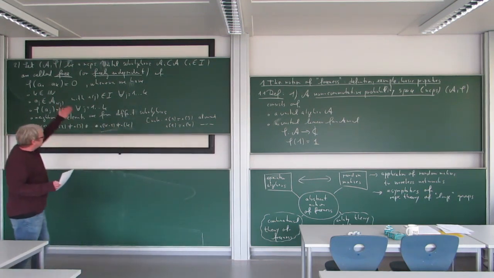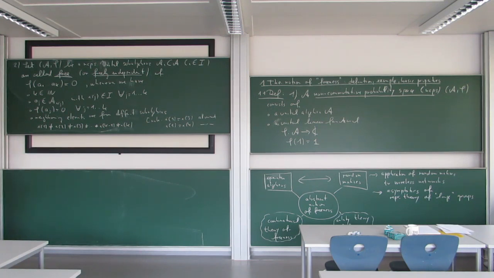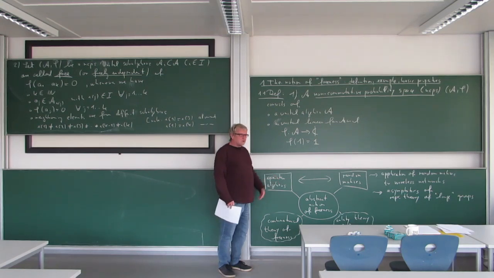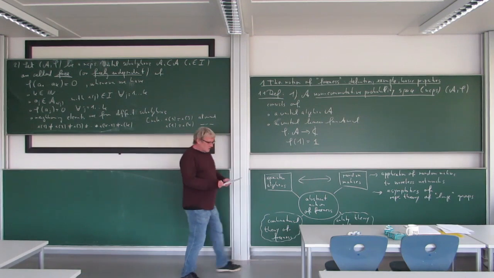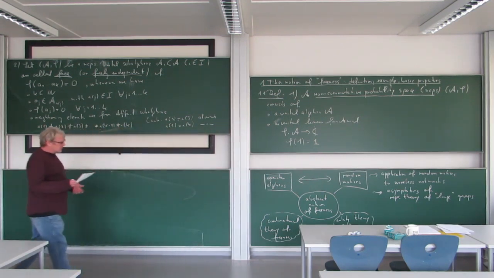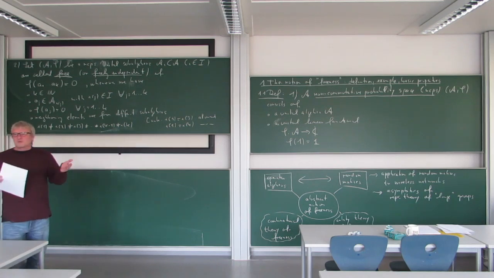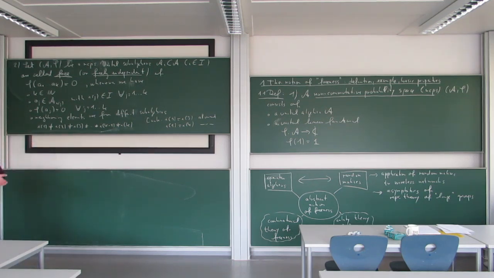So I should give you an example where I really have this freeness of some subalgebras. And this example is more or less the example from which Voiculescu started, but not in an operator algebra context, just in an algebraic context. So I will essentially present the algebraic version. This is essentially talking about the group algebra of groups, and then the subalgebras are subgroups which are free in the algebraic sense.